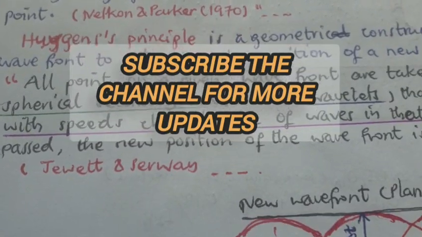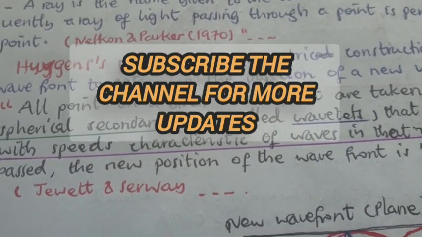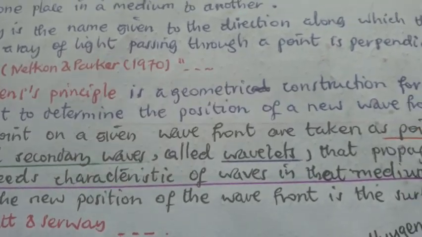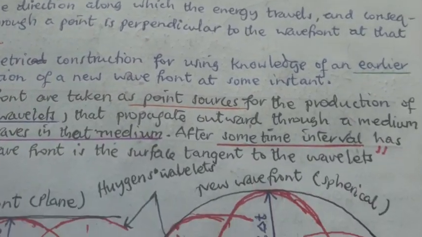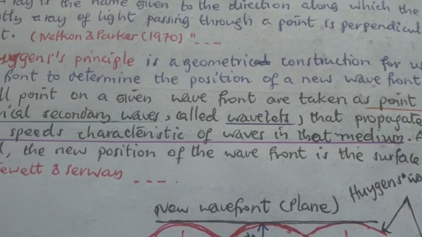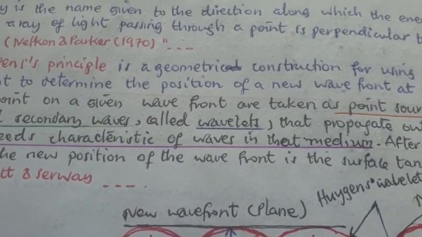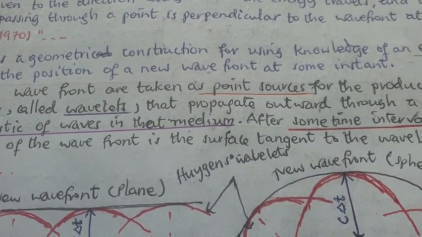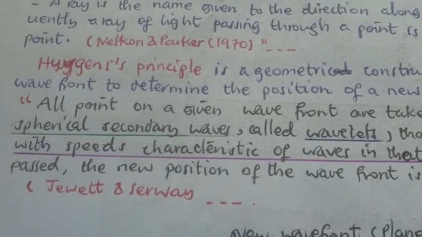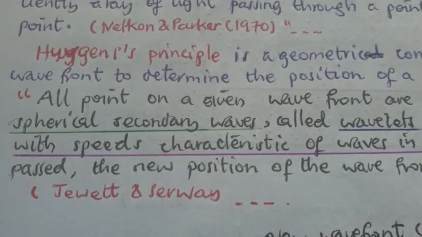Huygens construction is just a geometrical construction that uses knowledge of earlier wavefronts to determine the position of the new wavefront at some instant. It's postulated as here below.